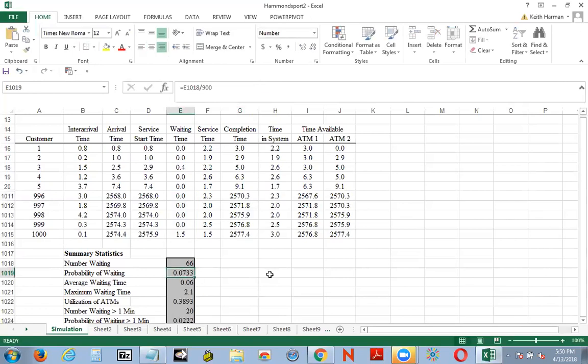Then we get the probability of waiting. It's simply an average and the maximum number waiting. We're still working with that array, that set of data, E116 to E1015.